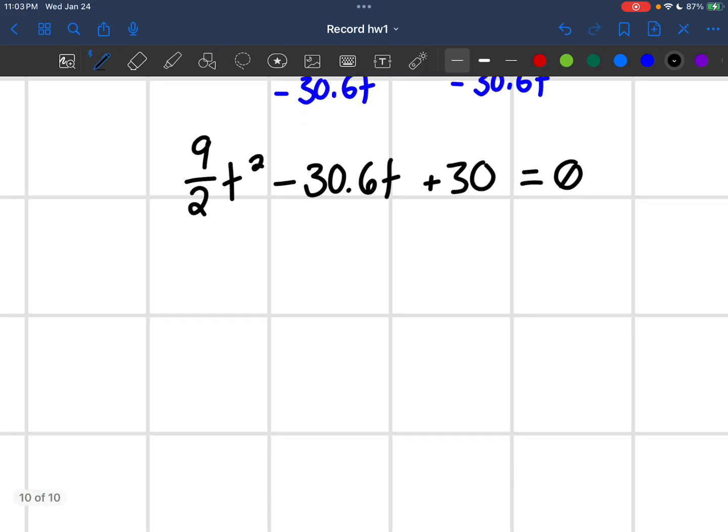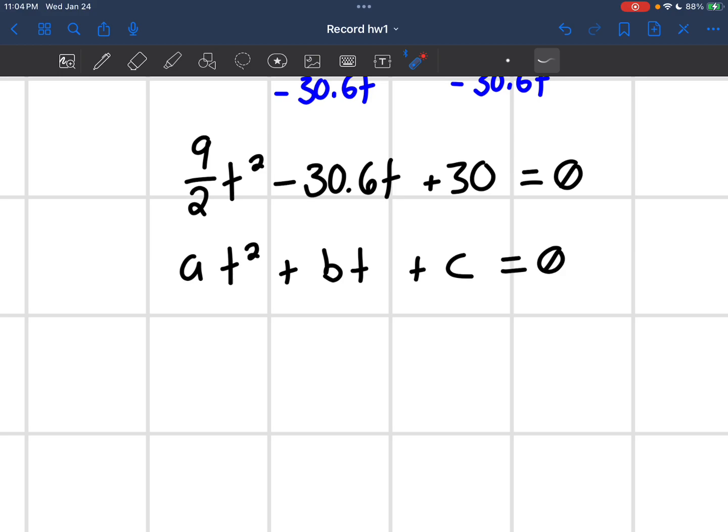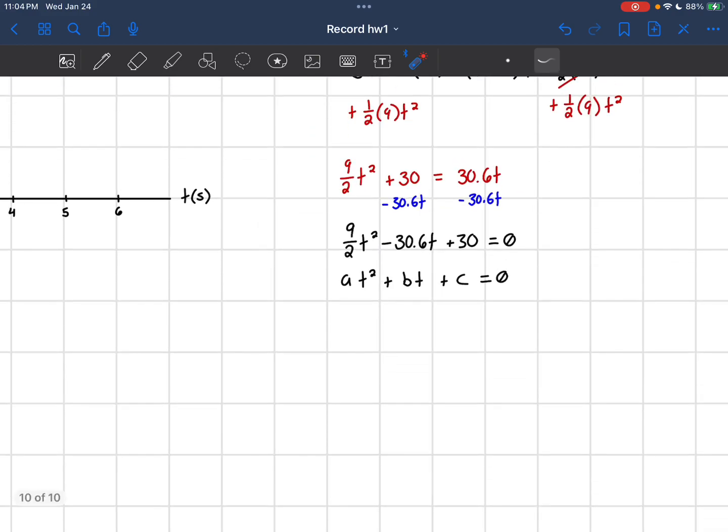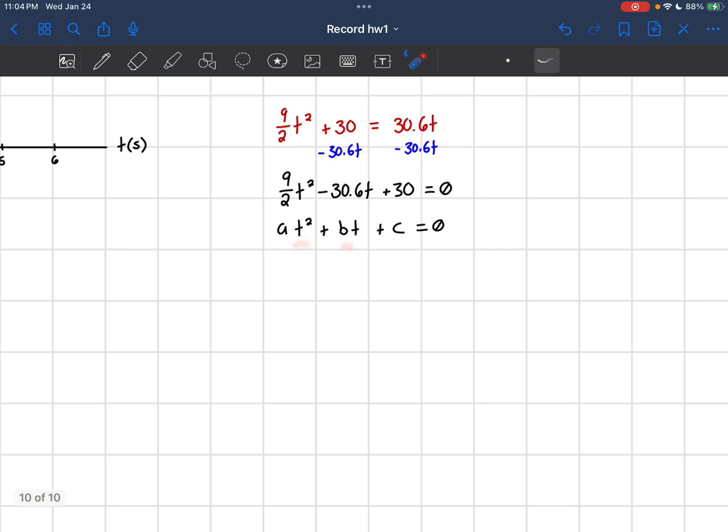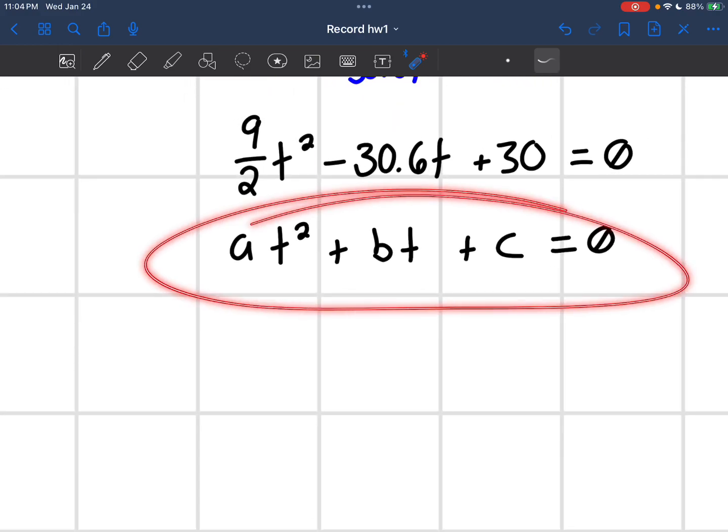Now this, we can see, is our a t squared plus bt plus c equals 0. Right? The difference from what we normally see for our quadratic equation is that these t's are usually x's, but it's the same exact thing.